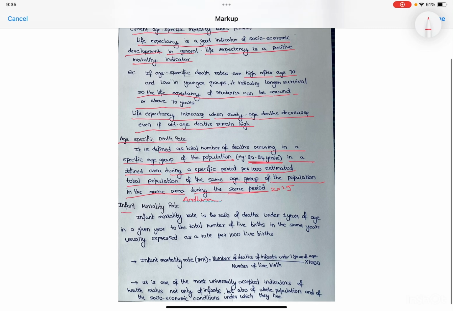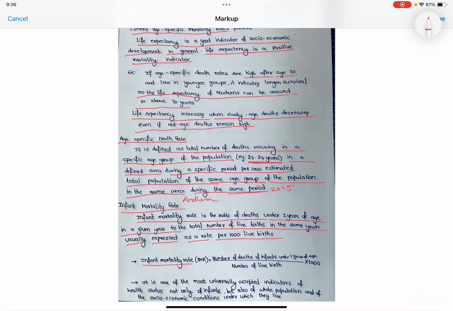Infant mortality rate. Infant mortality rate is the ratio of deaths under 1 year of age in a given year to the total number of live births in the same year, usually expressed as a rate per thousand live births.